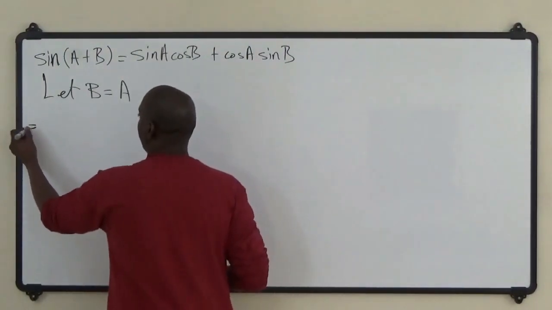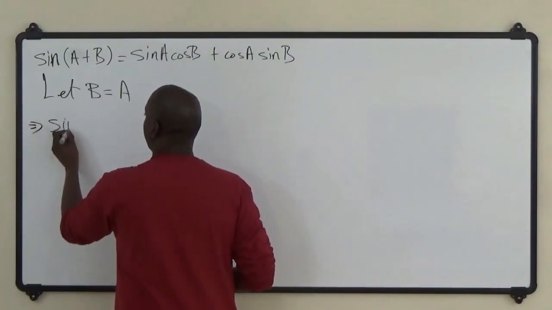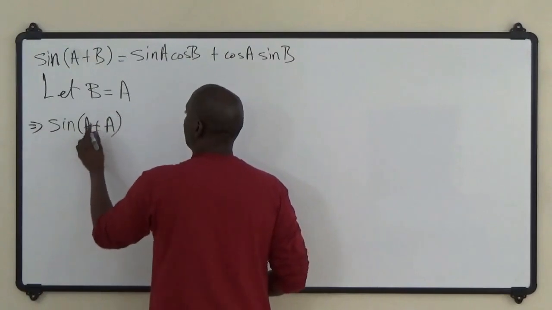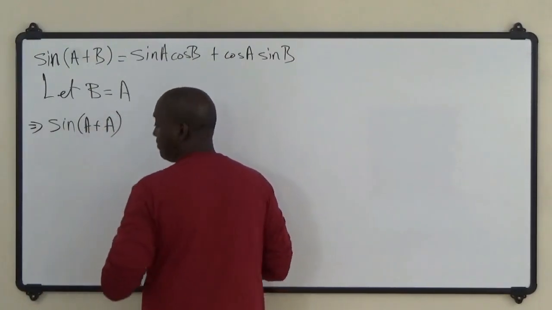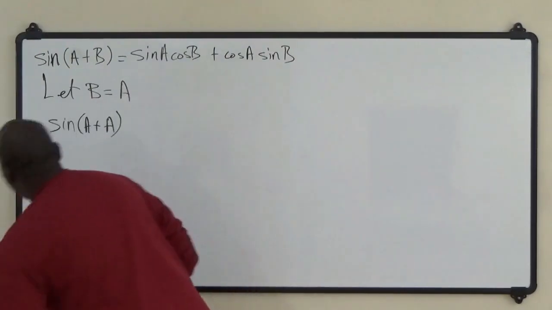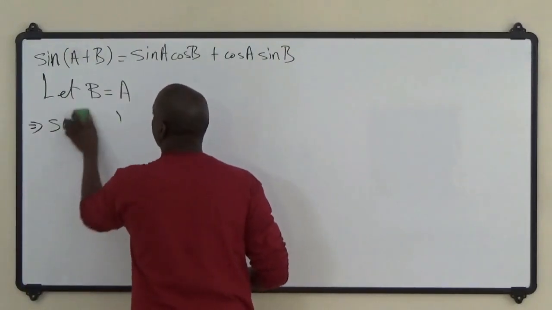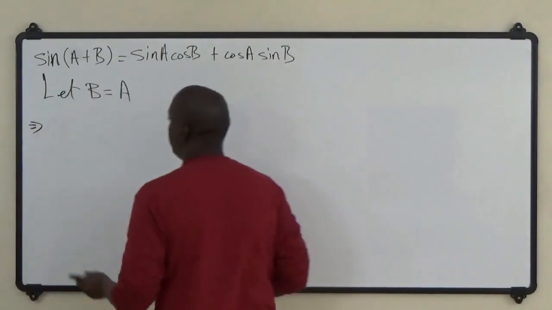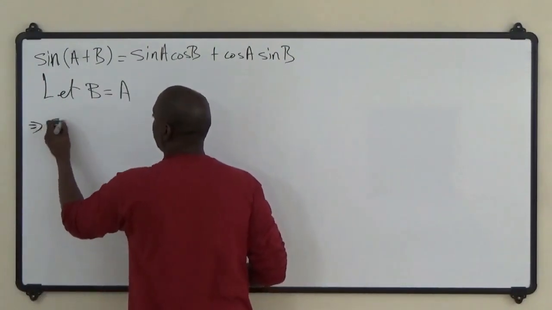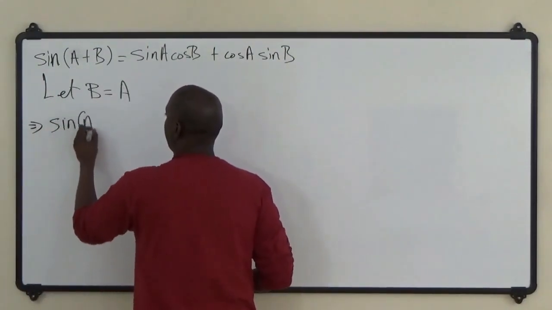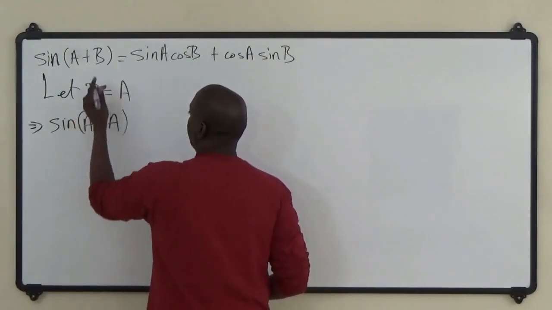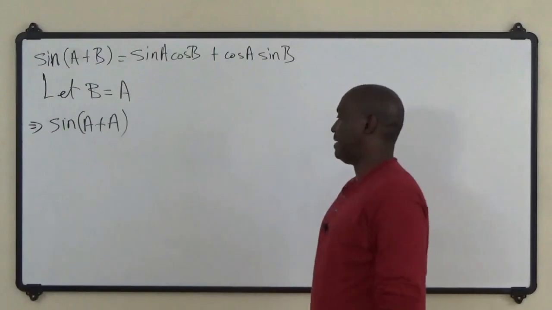So therefore, sine of A plus A. So in other words, you're finding the sine of the sum of two angles where both angles are equal to each other. All right? So sine of A plus A. If B is equal to A, then we get sine of A plus A.